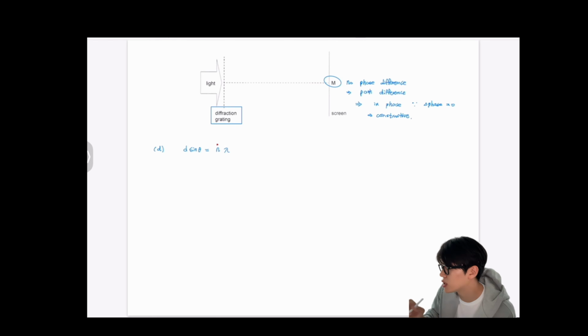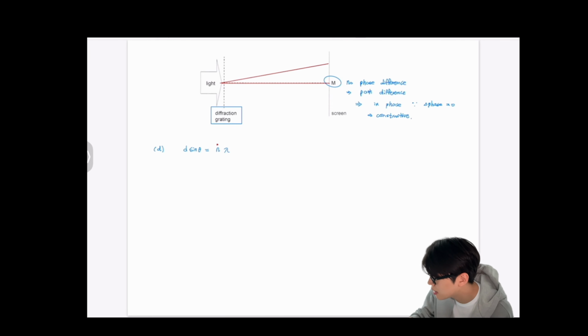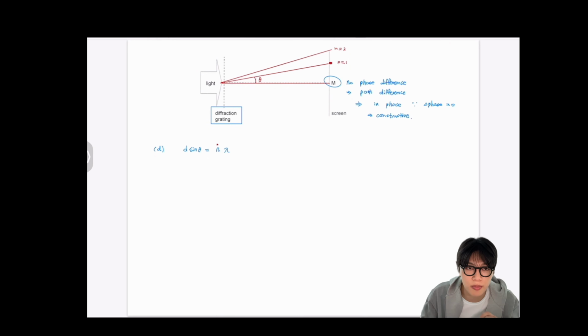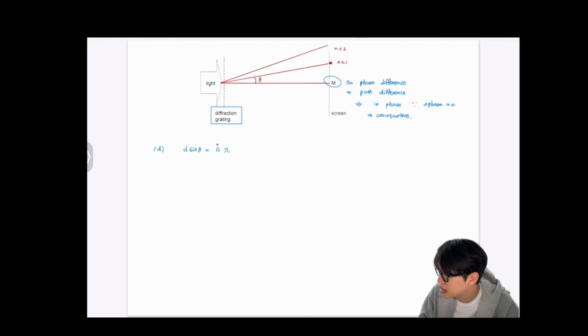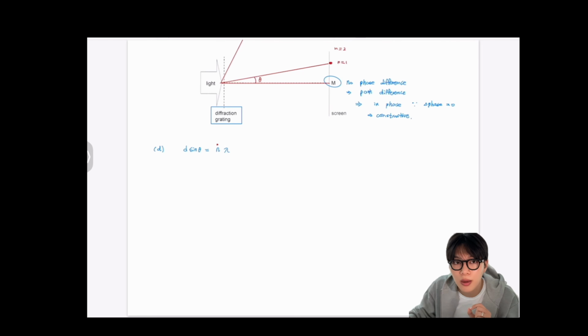Okay, if you think about the maximum number of n, we have this angle theta here, and let's say this is n equals 1, n equals 2, something like that. And if you want to see the largest number of diffraction patterns, the angle goes towards something like this. We'll still have some points if there's a really long screen.